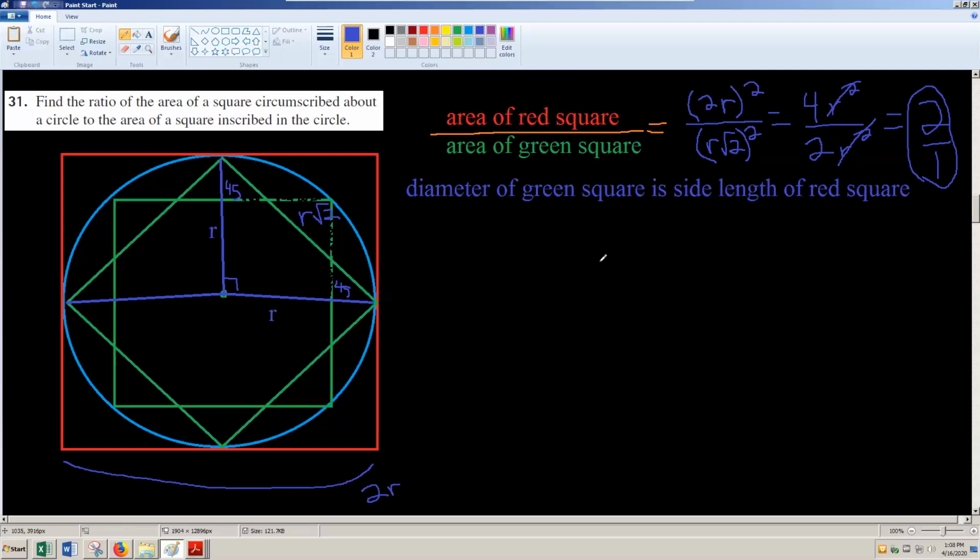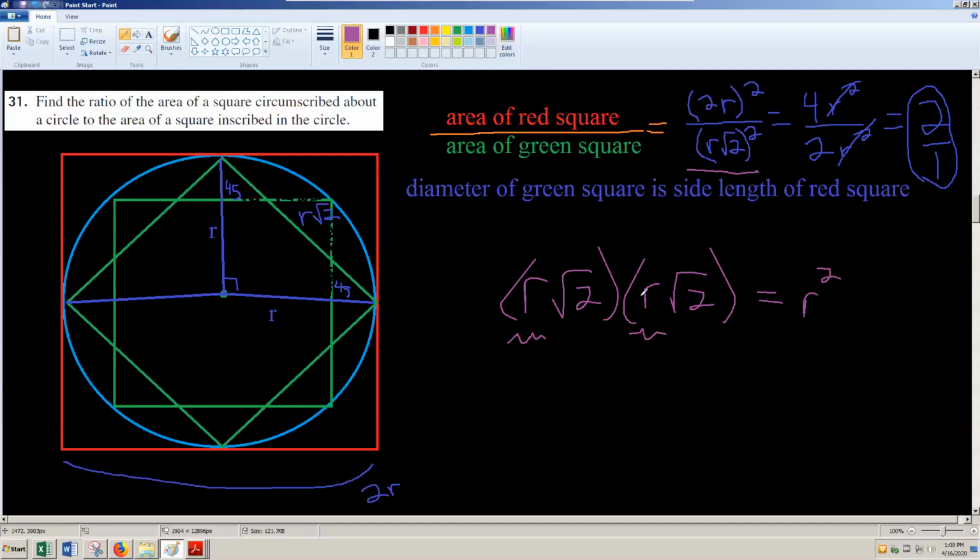How did you get from r root 2 squared to 2r squared? Never mind, I see that now. Okay. When we're given a value like this, I'll write it out for others because I'm sure at least one other person was confused. Here we have r root 2 times r root 2. r times r gives me r squared, and then root 2 times root 2 is just 2.